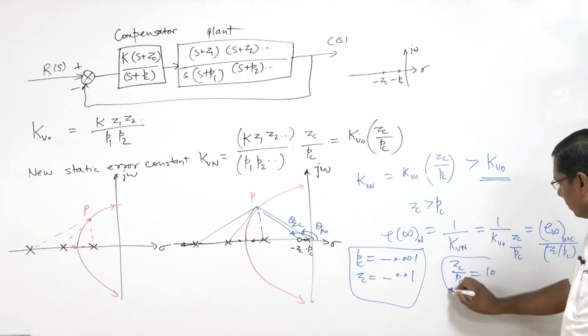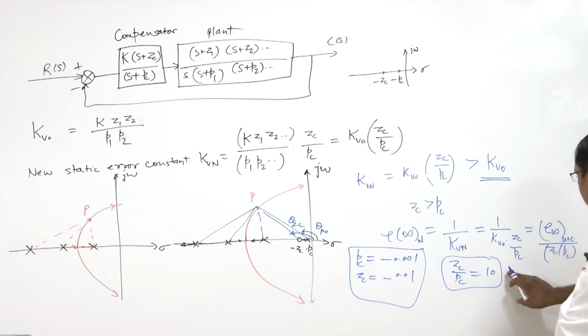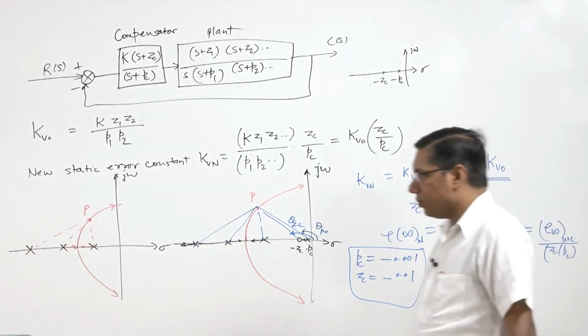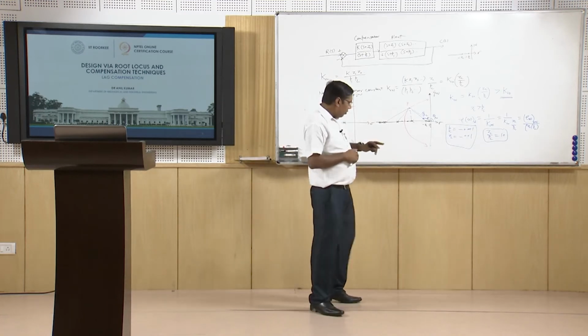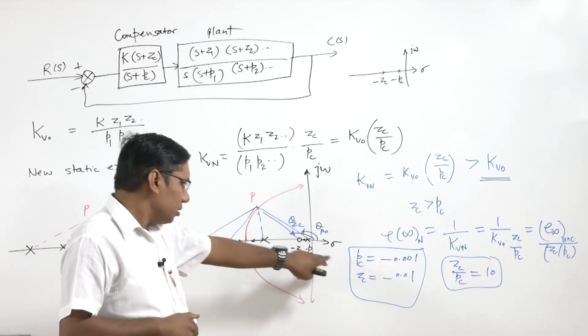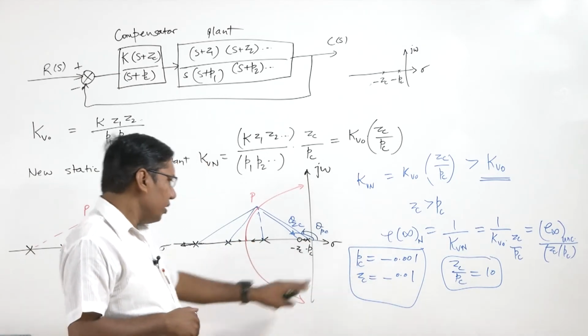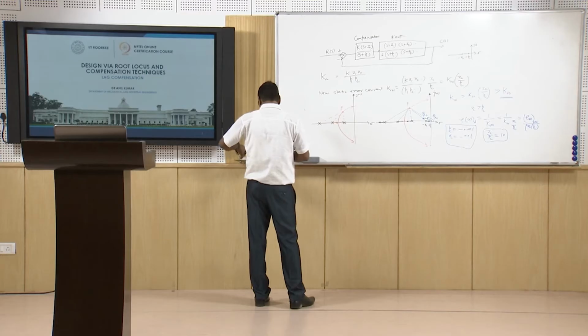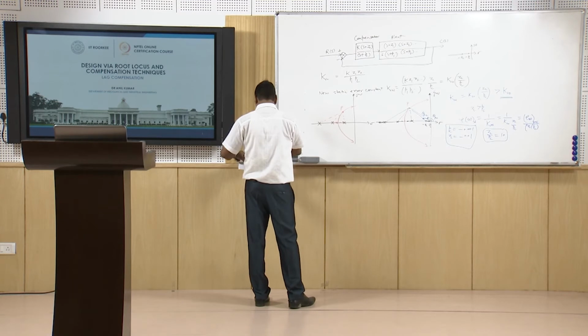So this lag compensator will reduce the steady state error in the ratio of ZC by PC, and it will provide minimal effect on the transient response because these two added pole and zero are very close to the origin.